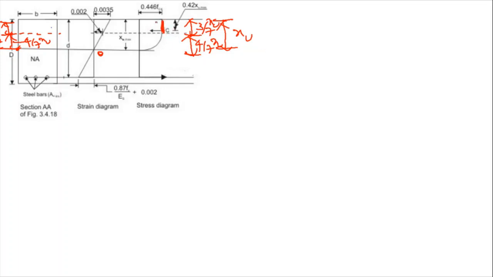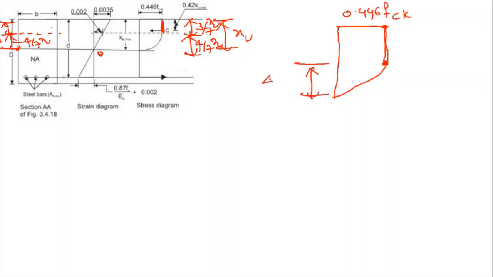Then if you determine the area of this stress block, the stress block was like this. Here it is 0.446 FCK, this depth is 4 by 7 XU and this depth is 3 by 7 XU.